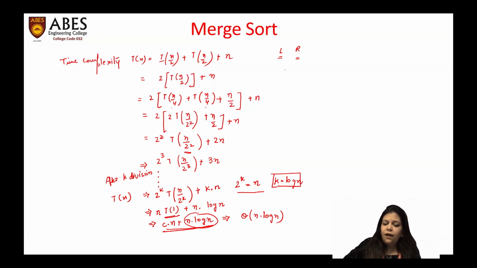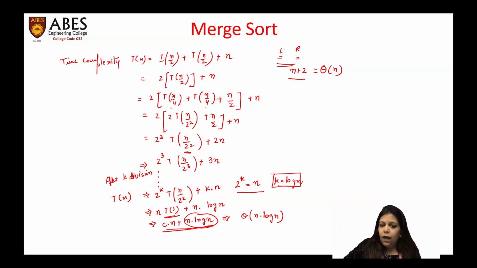So we can say that we have taken these arrays with n plus 2 elements. In this case, the complexity will become theta of n.